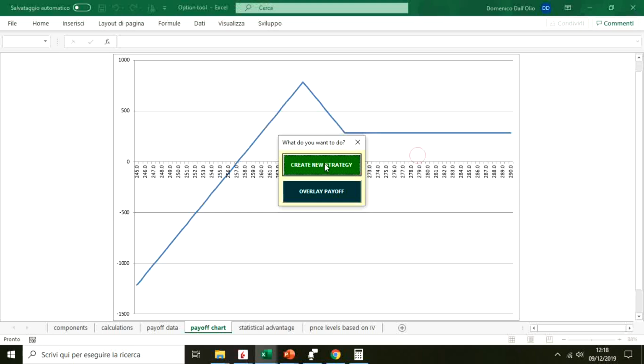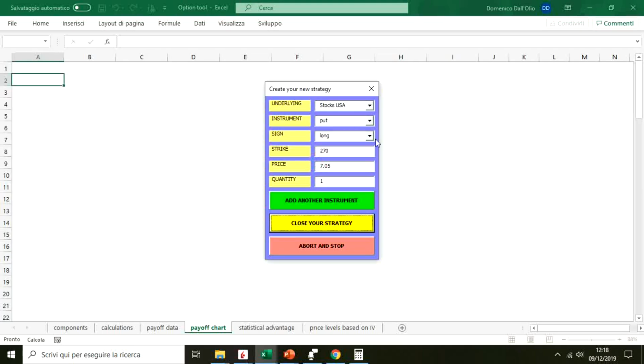Let's create a new strategy, made of one long put, no, we have to invert it, one short put, 270. Okay, let's take two short puts, 270 for 705 each, and let's go see which strike price allows us to purchase 6 puts paying $7 in total. Let's go see.